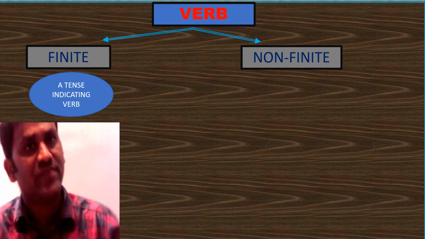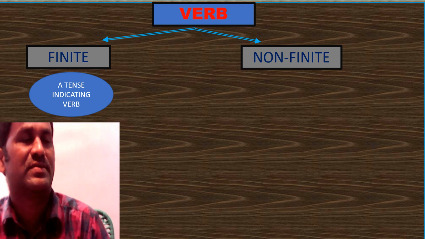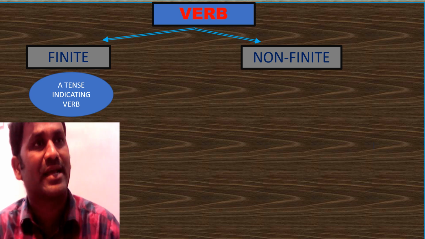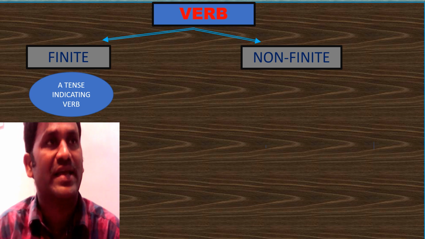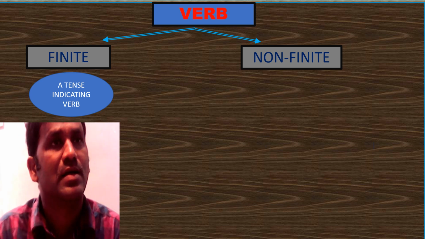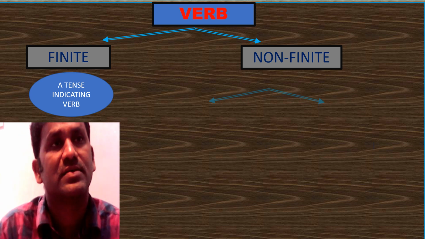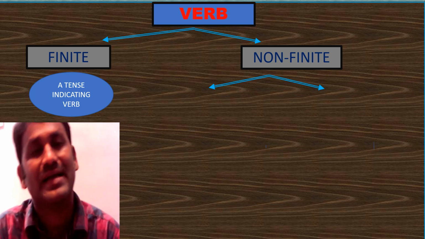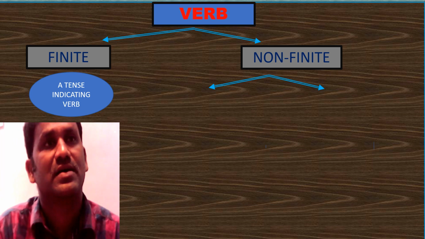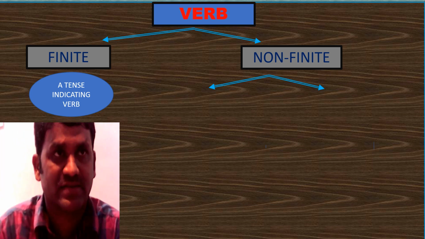So every verb or verb group which shows a tense out of the 12 tenses we have is called a finite verb. Okay? But there are some verbs which act as verbs but they don't show any kind of tense.